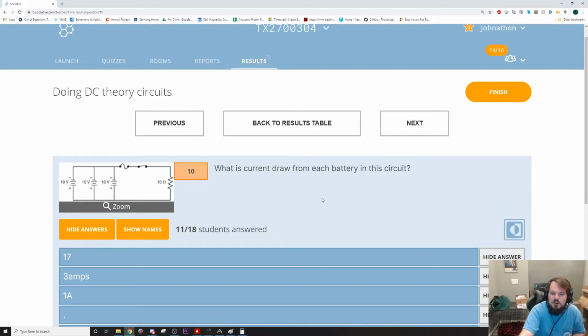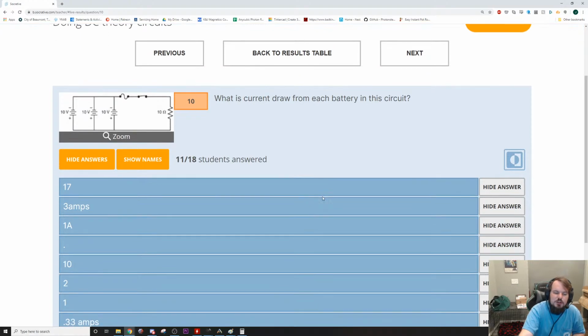What is current draw from each battery in this circuit? So, first off, you need to know the total current draw in this circuit, which is 1 amp, because you have 10 volts total and 10 ohms total. So you have a total of 1 amp.